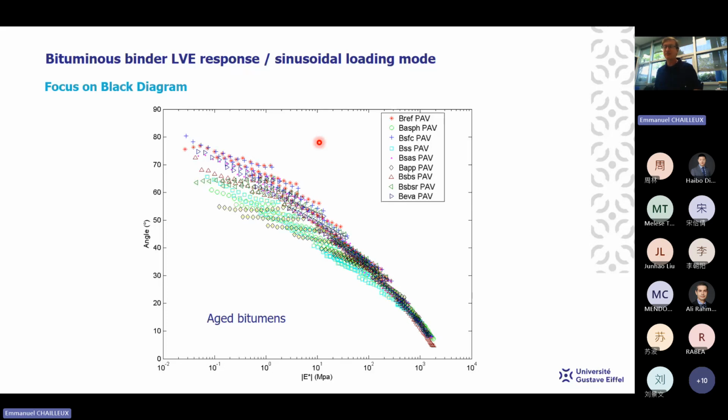The material is not the same from one temperature to another, and we can see this behavior on this black diagram, which is very important. For example, this aged material shows an instability from one temperature to another.